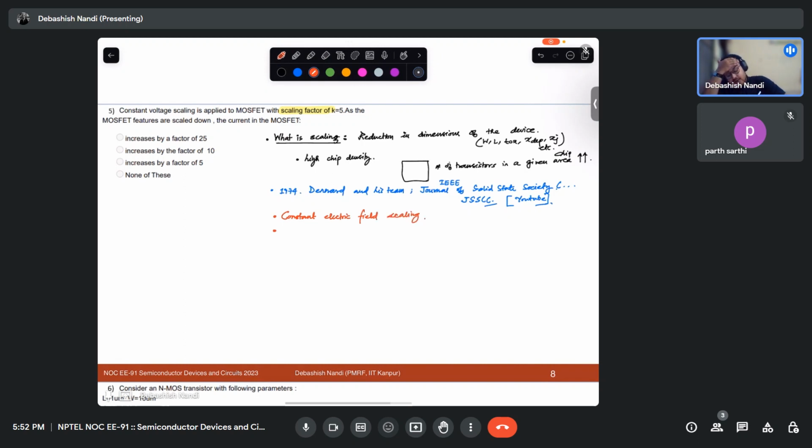Then you would find constant voltage scaling. But what has actually been followed later on is a combination of the above two that we call hybrid scaling. Okay. And in much more detail, I think Professor Sanjeev has explained in the lectures. Okay.